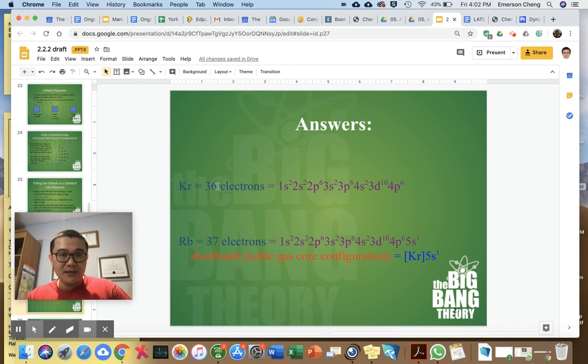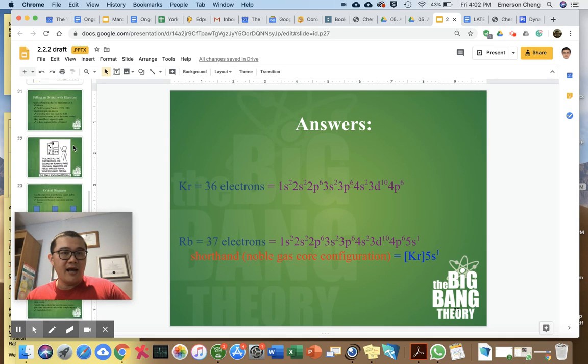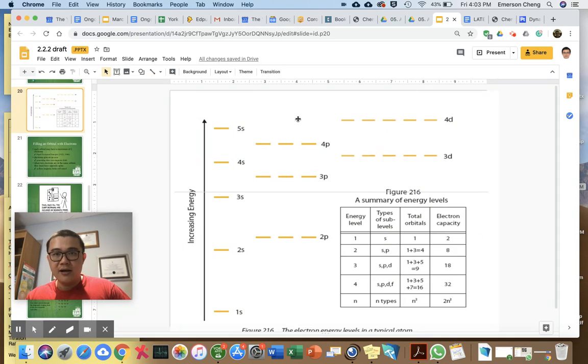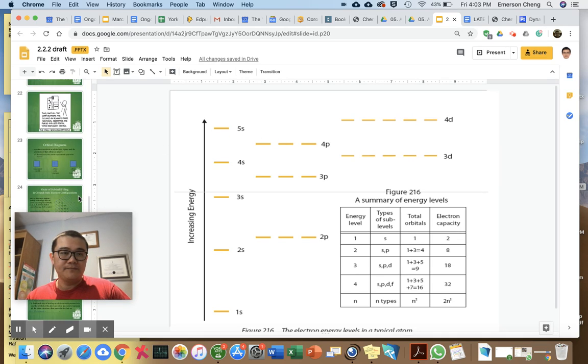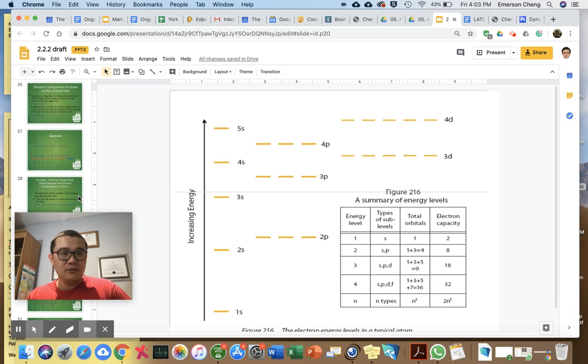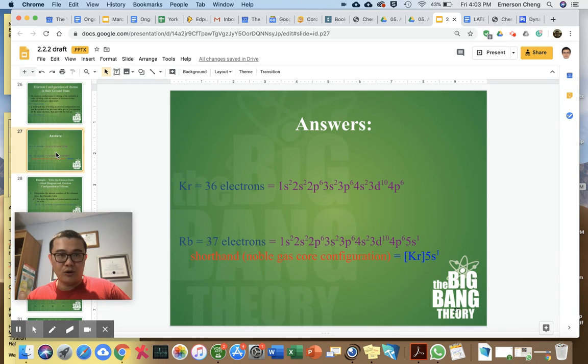It makes sense because this is really just one more electron. And if you look at these shells here, after 3p, you have to go to 5s. So that's the rule of how you draw the electron configurations. Pause here. Do you have any questions?